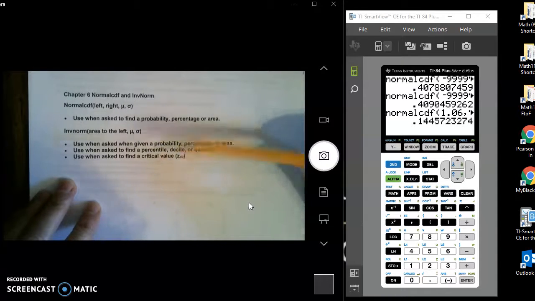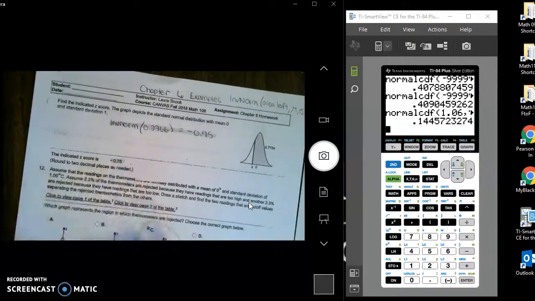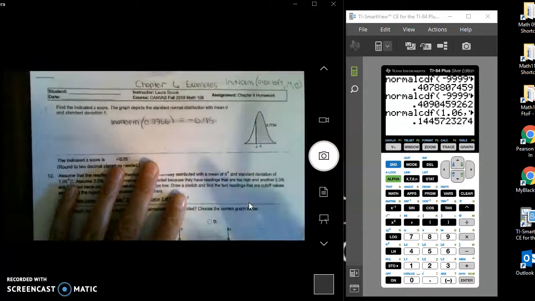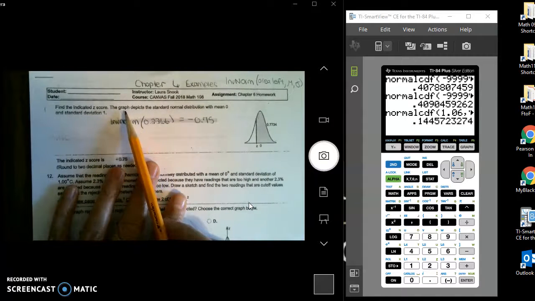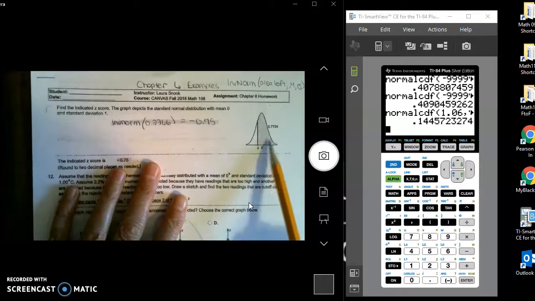So I'm going to look at a couple of these from the homework examples. The first one is the first one listed there. It says the graph depicts a standard normal distribution, and they give you the area to the right to be 0.7734.